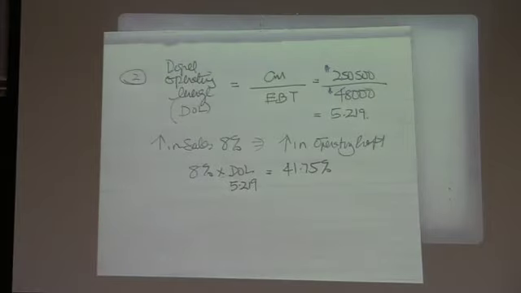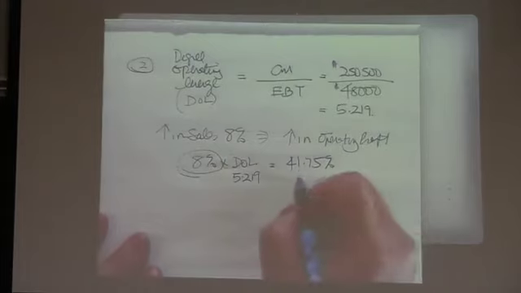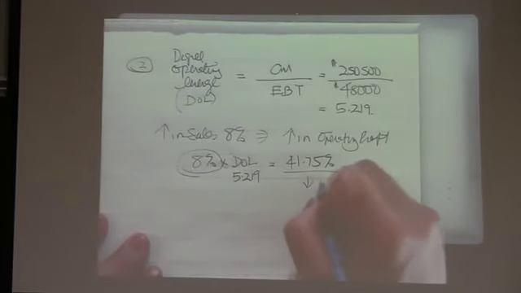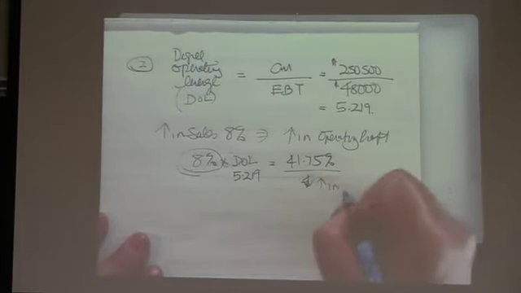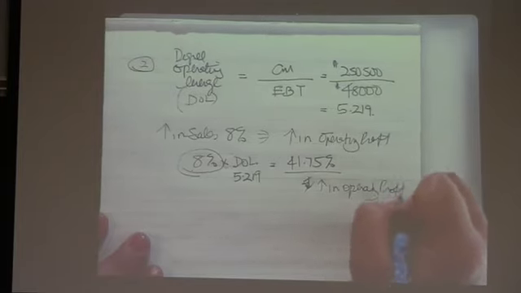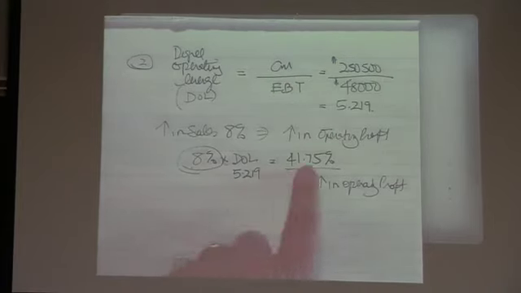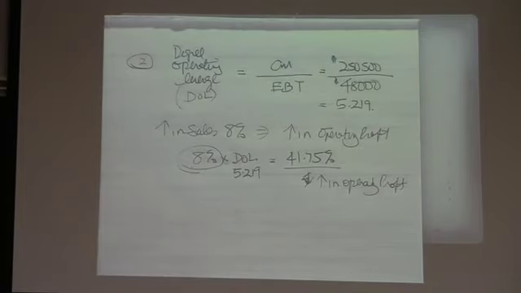So an 8% increase in sales is going to translate to this much increase in operating profit. And that's the purpose of the degree of operating leverage: given that our fixed cost is fixed, any increase in revenue is going to have a 5.21 times effect on the operating profit. Thank you.